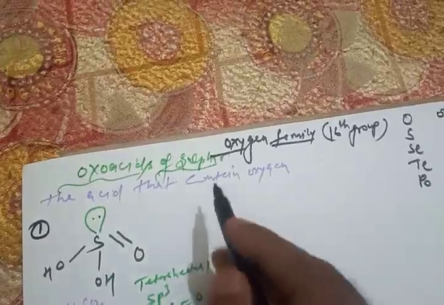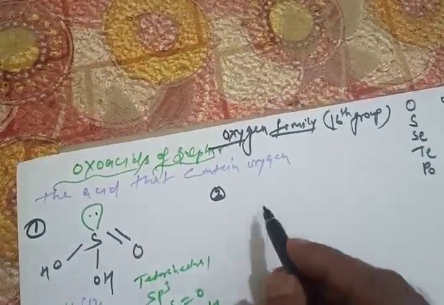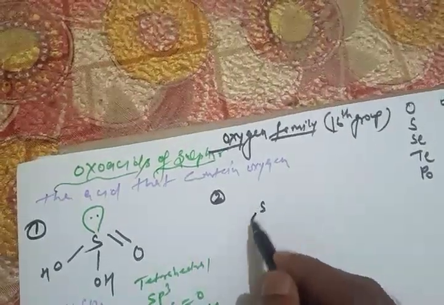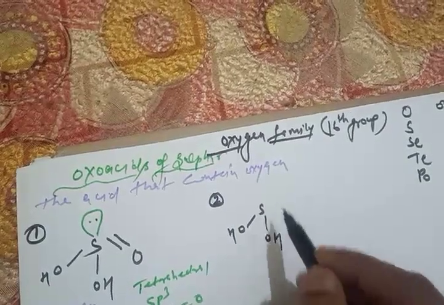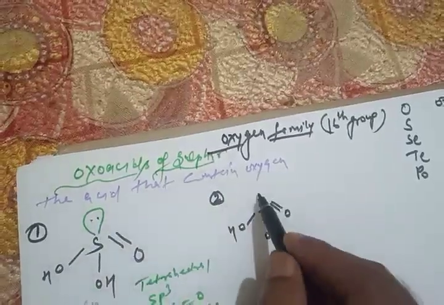Now moving ahead, the second one, sulfuric acid. What will change? See, S with OH, no problem, then SOH, no problem, S double bonded with O, no problem, and this lone pair will be converted into a double bond.